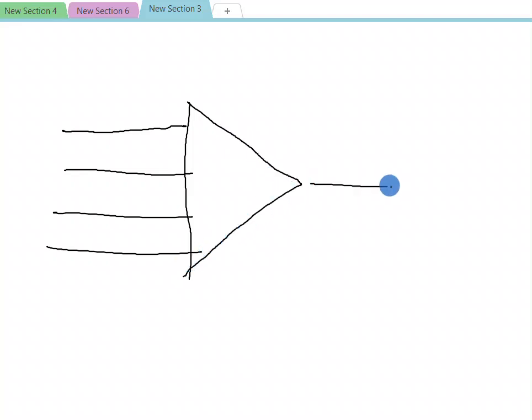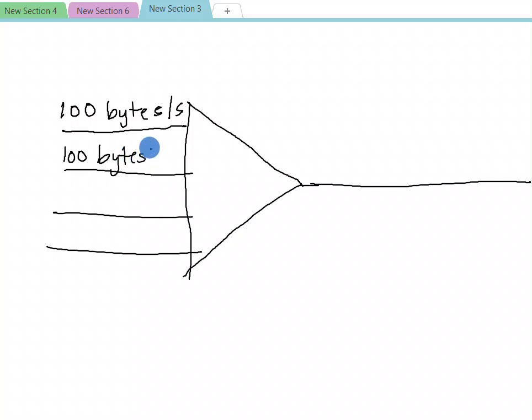Soalan dia show frame travelling on the link. Dia punya input given 100 bytes per second. Just write the same thing, 100 bytes per second.